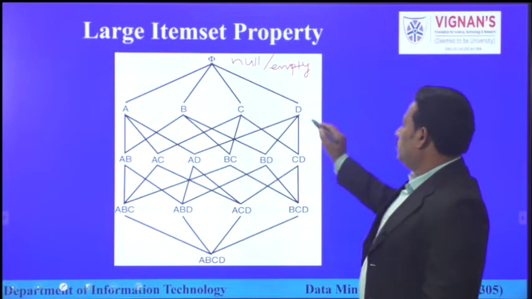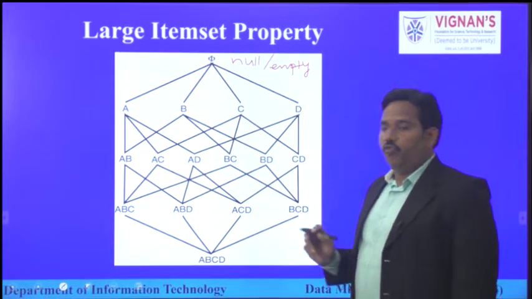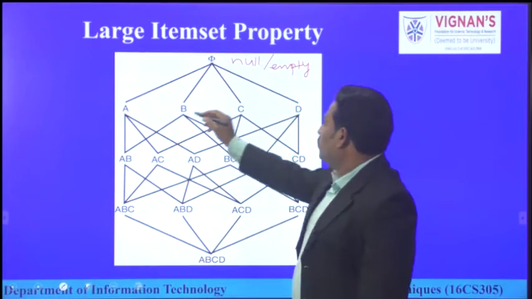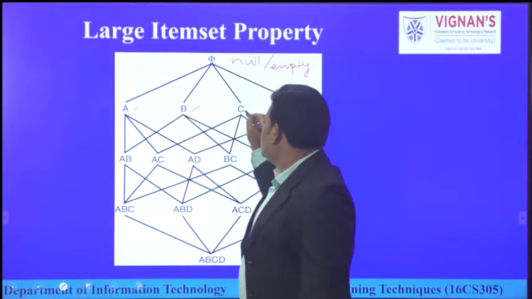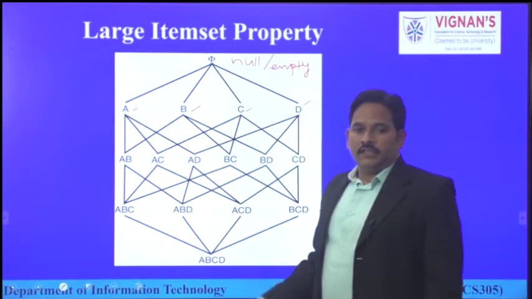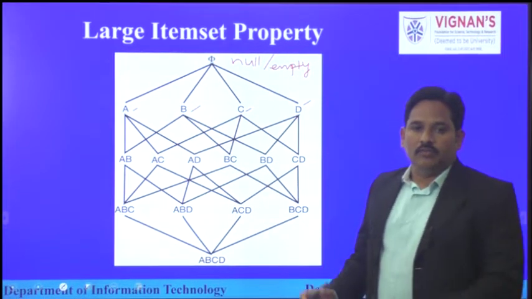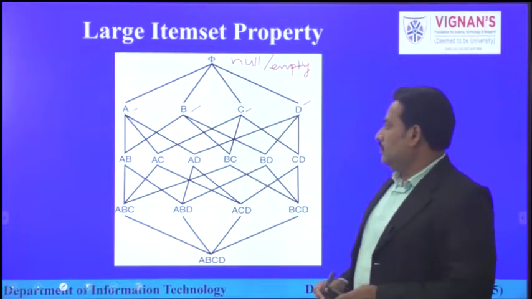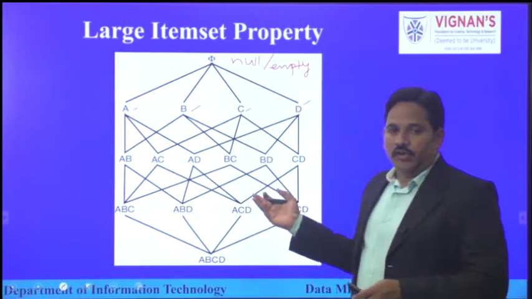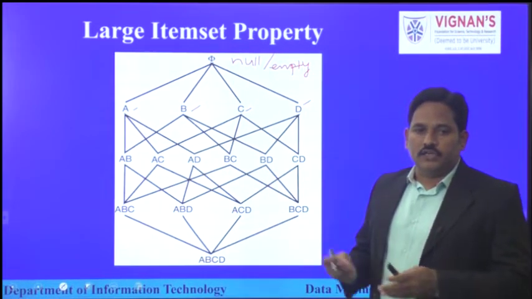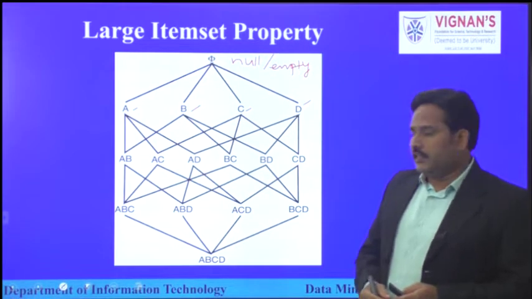And in this example we have taken 4 items: A, B, C and D. Let us assume these are the 4 products available in a supermarket. A is a product, B is a product, and like that we have only 4 products for consideration.